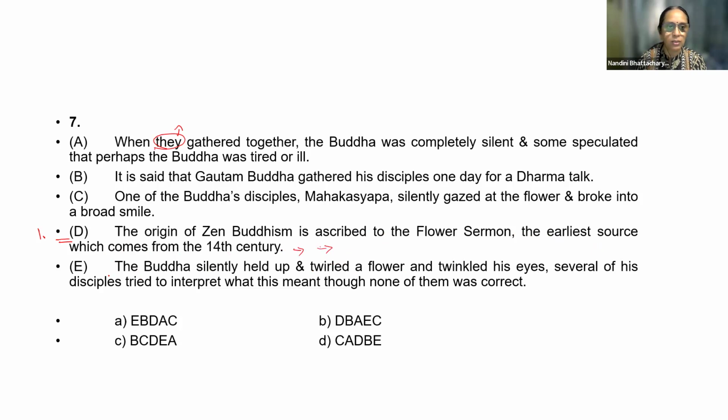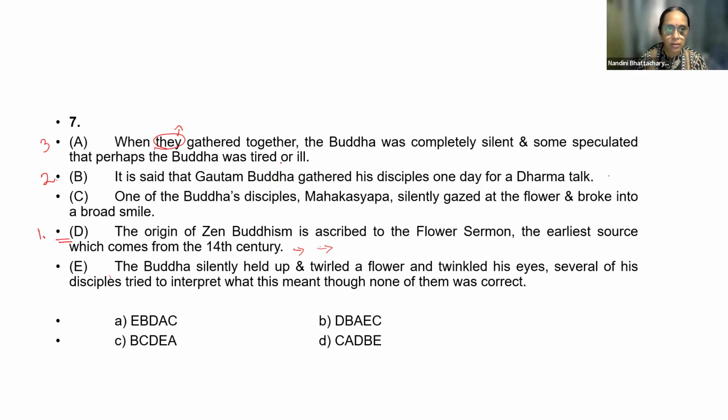Because if you look at it, it is said that Gautam Buddha gathered his disciples one day for a dharma talk. B and A. After B, A. When they gathered together. So they refers to the disciples. Okay. This could be number 3.